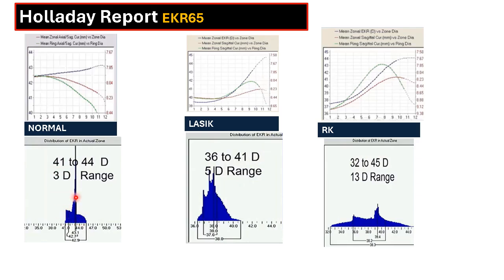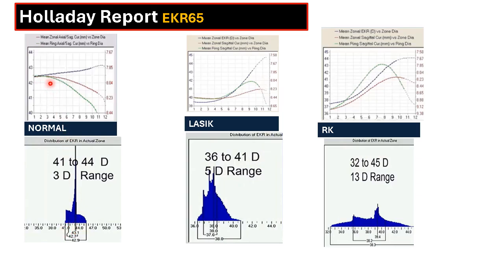The histogram shows a peak in the center, which indicates that the most central point is the most powerful one in the center of the cornea. So this shows a homogeneous distribution of the power of the cornea over the central 4.5 millimeters.